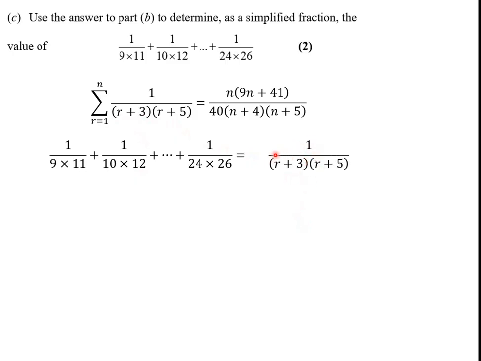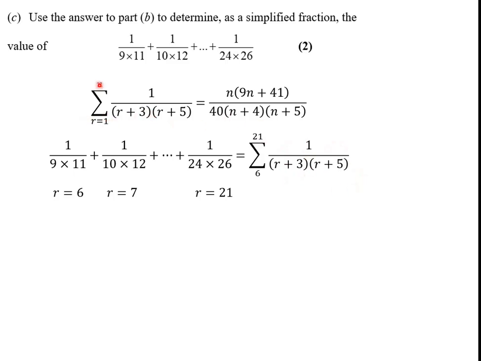So it's going to be a load of terms like this. And this first term here, I've got r is equal to 6. So I put 6 in here for r. I've got 9 and 11. Then we've got r is 7. And this last one, r is 21. 24 there, I want to put r is 21. So really this is just the sum from 6 to 21 of all those terms.